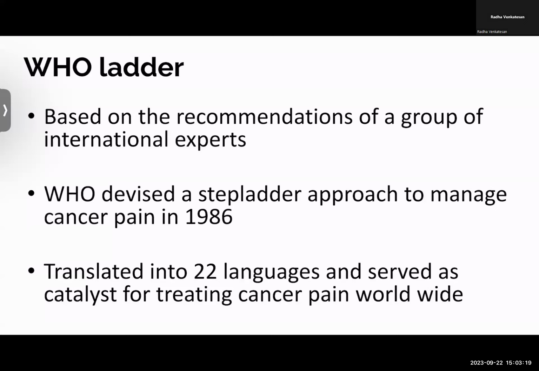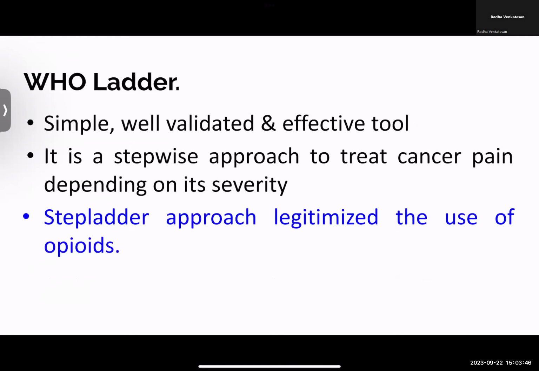This WHO ladder is based on the recommendations of a group of international experts. It's not one or two people, and they don't miss anyone, because regional differences, regional diseases, regional presentation, everything is quite varied all over the world. So some individual changes and differences will be there, but that has to be kept in mind.